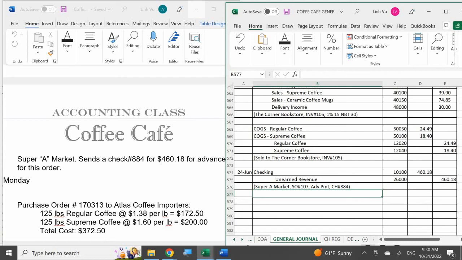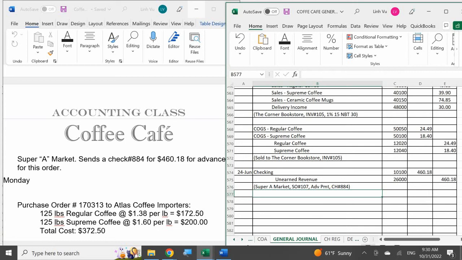Which account do we use to represent that we owe people? Is it asset, liability, equity, revenue, or expenses? It's a liability, yes, because you owe the customer, right?